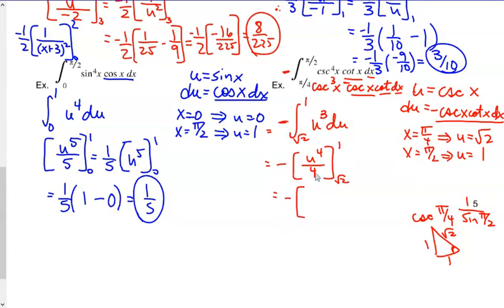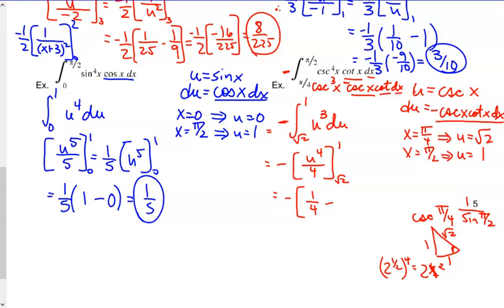So when I plug 1 in, 1 to the 4th is 1. So I get a 1/4 minus root 2 to the 4th power. Well, that's 2 to the 1/2 to the 4th power. Multiply those powers, and I get a power of 2.